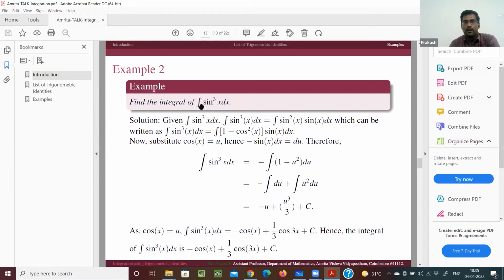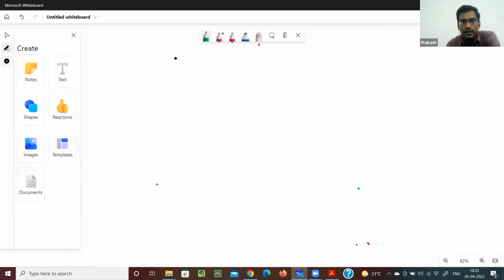One way: the integral of sine cube x dx. We can rewrite sine cube x as sine square x into sine x. Mostly here I am using substitution, u equal to cos x. Maybe I can evaluate this via the whiteboard, then you can easily understand. For sine cube x we need to use trigonometry identities, or otherwise substitution also.